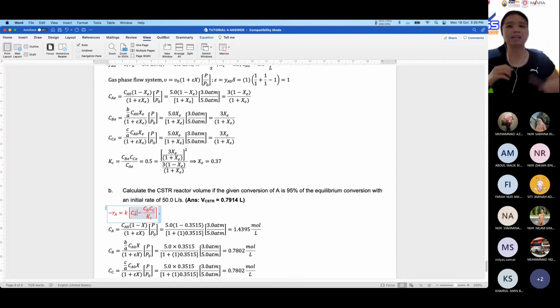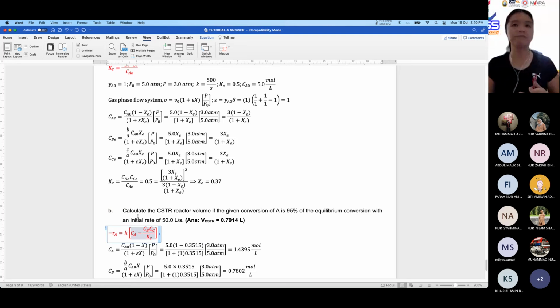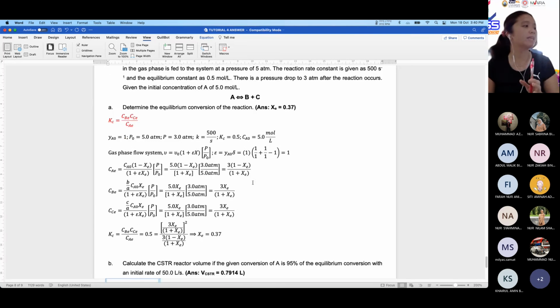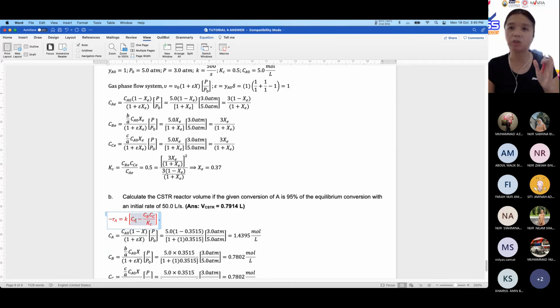Okay, untuk elakkan kamu keliru, kalau dia tak berbalik, kalau dia irreversible, tindak balas ke hadapan sahaja, memang kita akan stop kan pada -rA = kCA. Betul? Sebab dia irreversible. Tapi kalau dah reversible, berbalik, sebab tu ada part yang kedua kat belakang ni. Part kedua kat belakang ni untuk address bila tindak balas dia ke belakang pula. Yang part depan ni untuk tindak balas ke depan. Yang part belakang untuk tindak balas bila dia ke belakang pula. Sebab tu ada minus. Dia mesti minus.